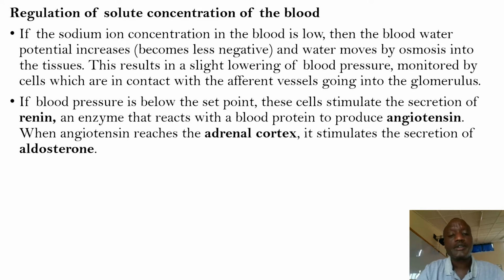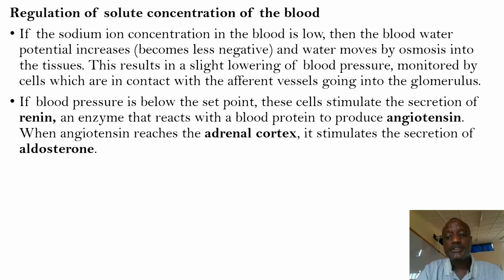This results in a slight lowering of blood pressure, monitored by cells which are in contact with the afferent vessels going into the glomerulus. So, if that happens, guess what is going to take place in our body? If the blood pressure is below the set point, that is normal.